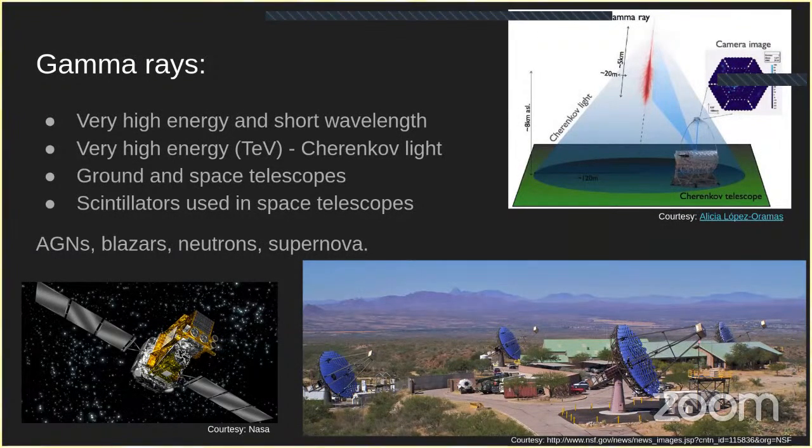Scintillators are devices where, when a gamma ray comes and hits, there is light emitted because of the energetic atom coming down to the ground state, and this light is detected by the detector.